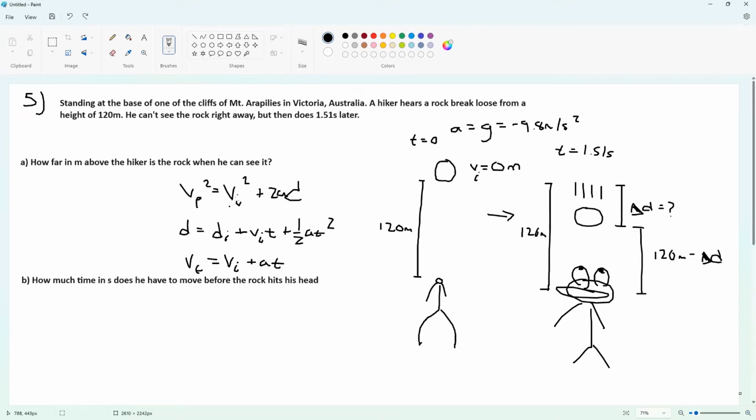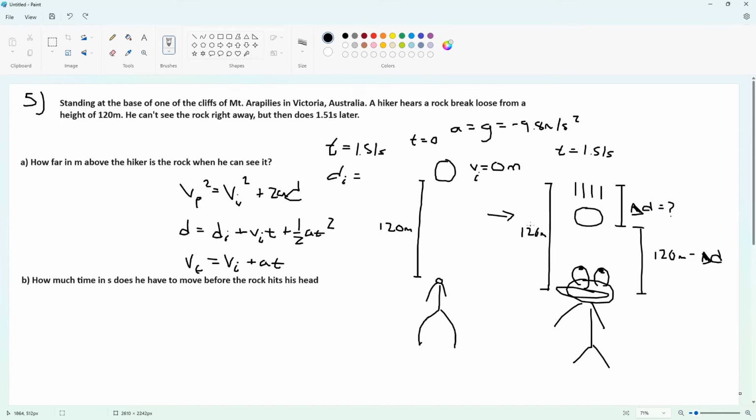So we don't know final velocity. We know initial velocity. We know acceleration. We know time as well, which is going to be 1.51 seconds, the time it takes before the guy recognizes the rock is about to kill him. We also have the initial distance, which is not going to be 120. With respect to where it's falling, the initial in this case is going to be equal to 0.